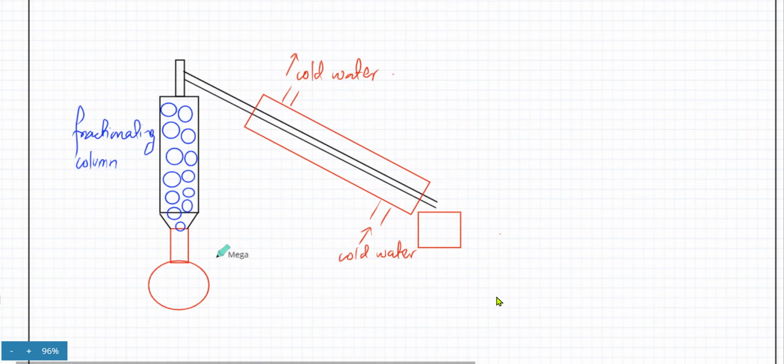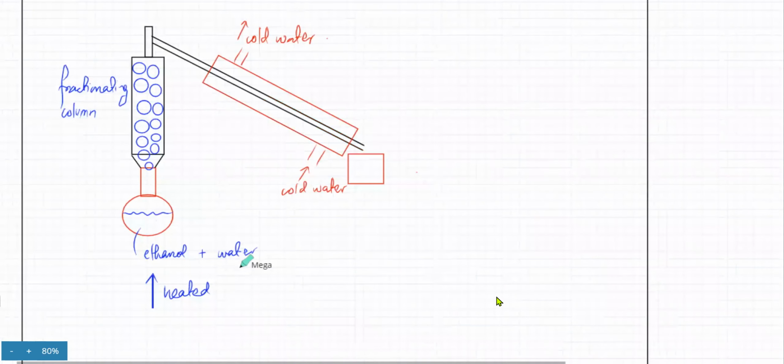At the bottom, you have the mixture of ethanol and water, and you'll be heating that mixture at the bottom. As a first thing, who's going to evaporate first, ethanol or water?